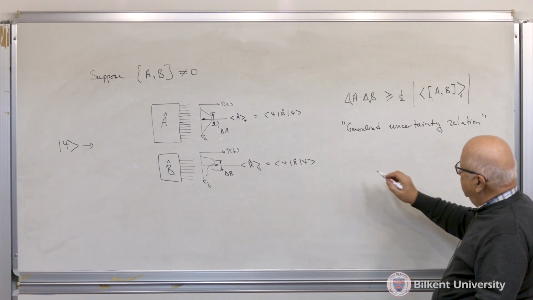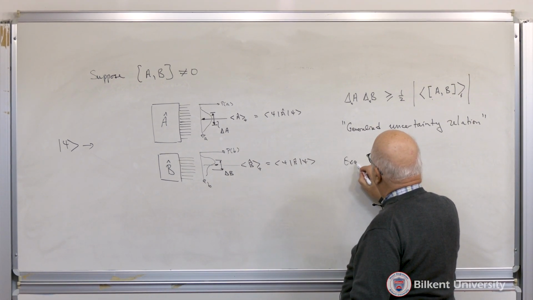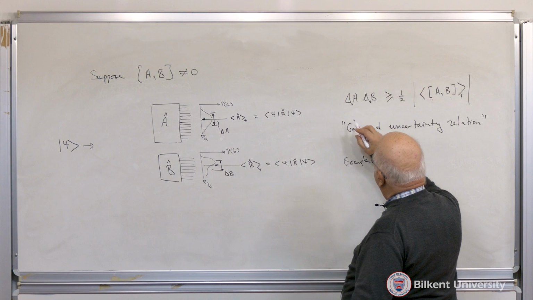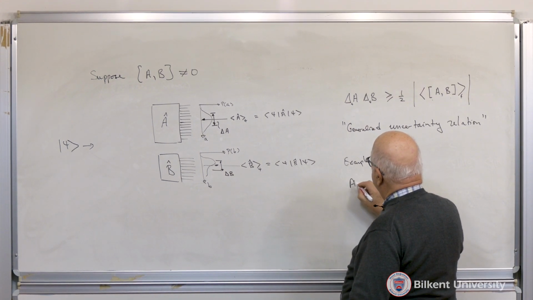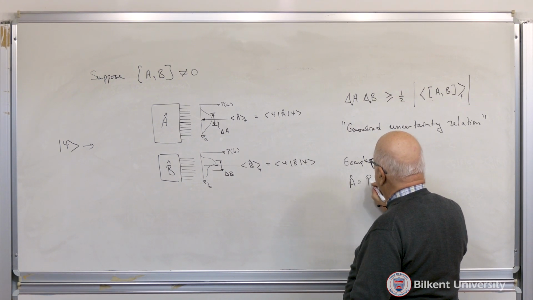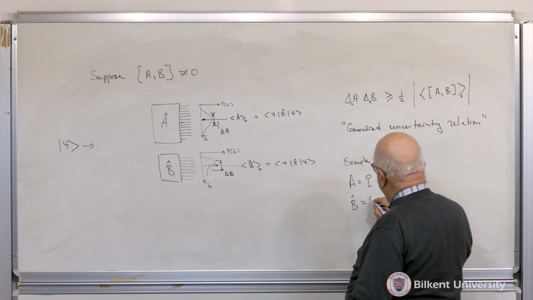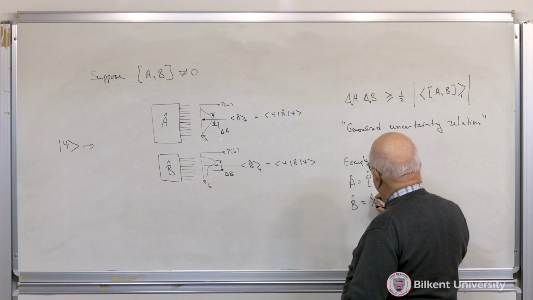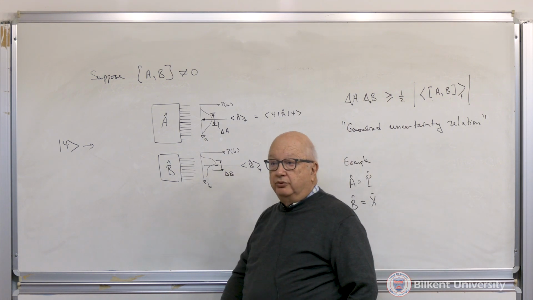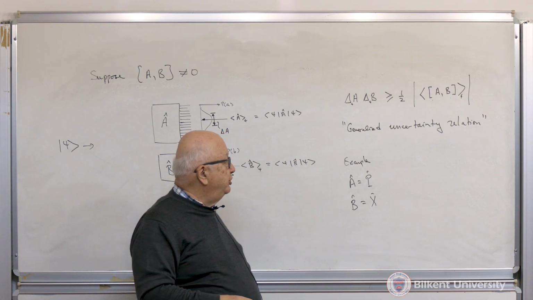So as an example, I can take as the A operator the momentum operator. For the B operator, I have the X operator, so that I have momentum and position.